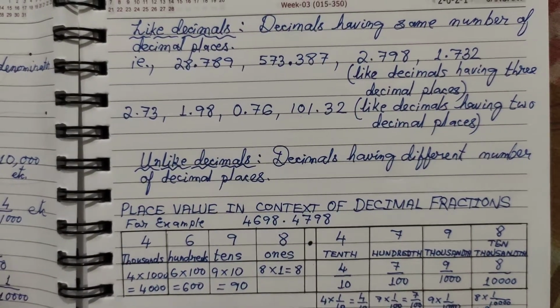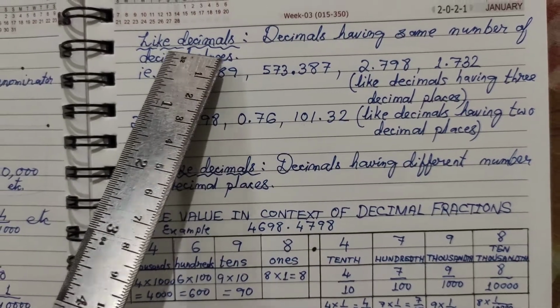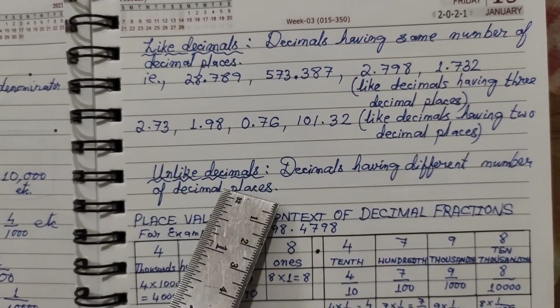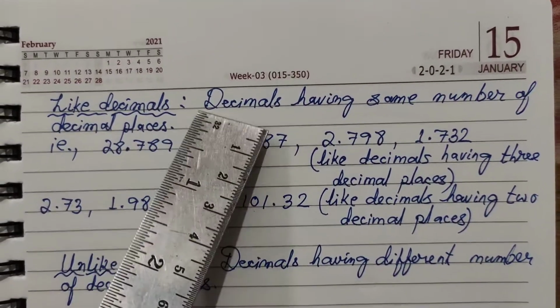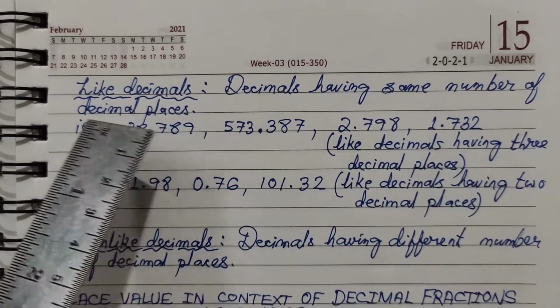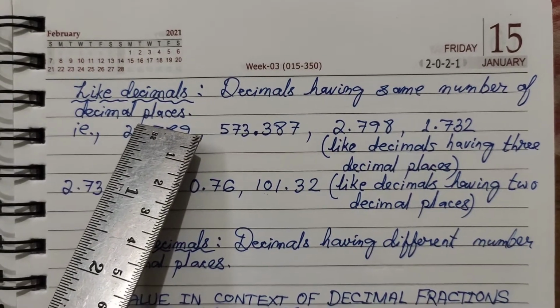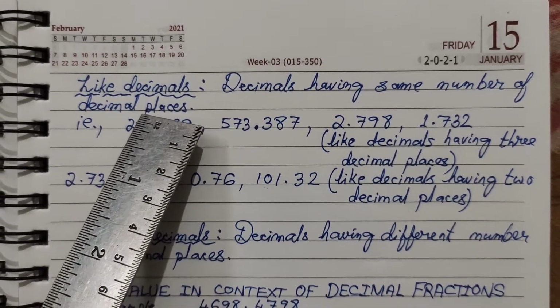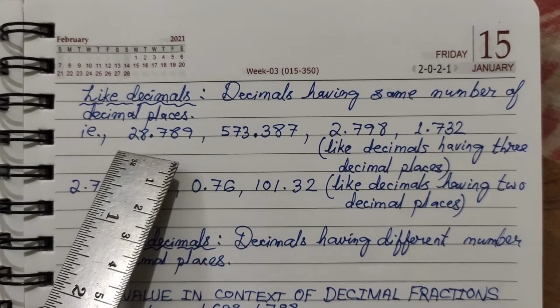Next thing that you need to know is like decimals and unlike decimals. Like decimals are those decimal numbers which have the same number of decimal places. Same number of decimal places, those decimals are called like decimals. Some examples I have given over here.